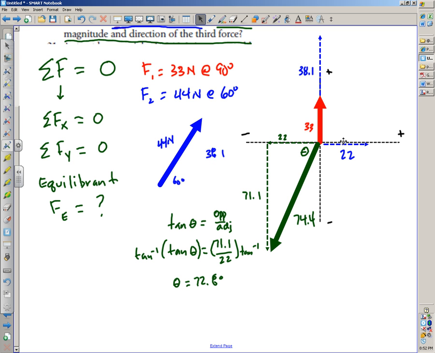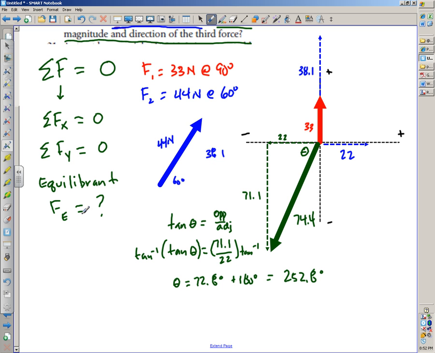We said if we started at the positive y-axis, 90, 180, so we have to add 180 to this value that we calculated, and we end up with 252.8 degrees.